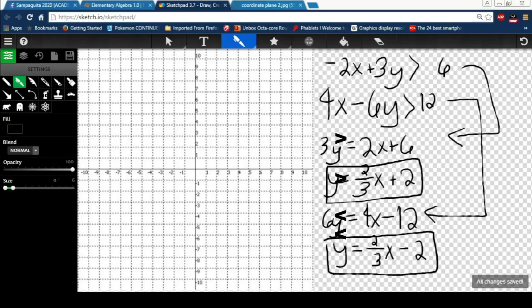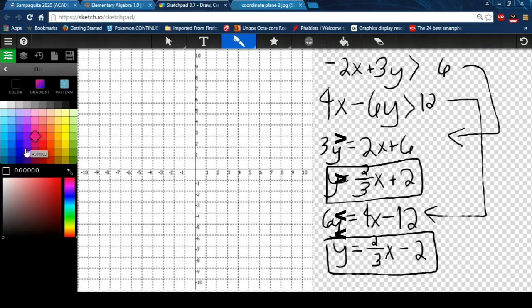For the first inequality, we will use a dashed line for both. And for the first inequality, we will shade all the points above the boundary. So the y-intercept, which will be in blue, is 2.